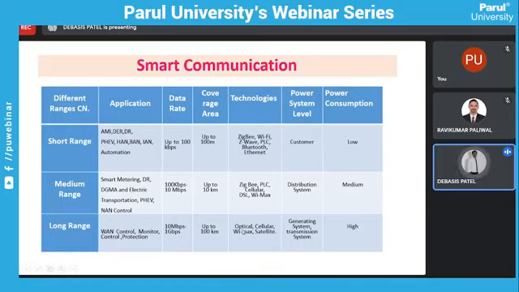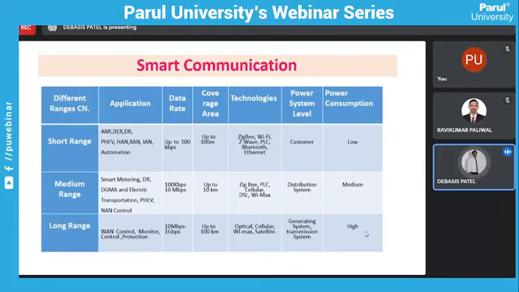We use this communication technology for longer distance communications, like generating system and transmission system, and power consumption is high for this one. So this is the classification: short range covers small distance, medium range covers up to 10 kilometers, and long range is about 100 kilometers, right?